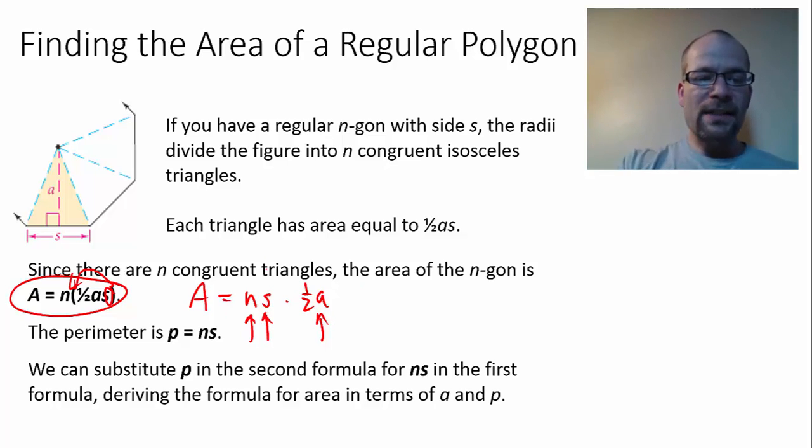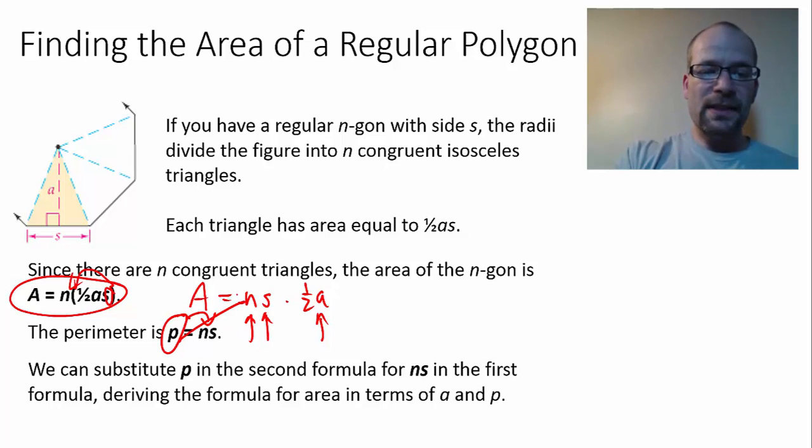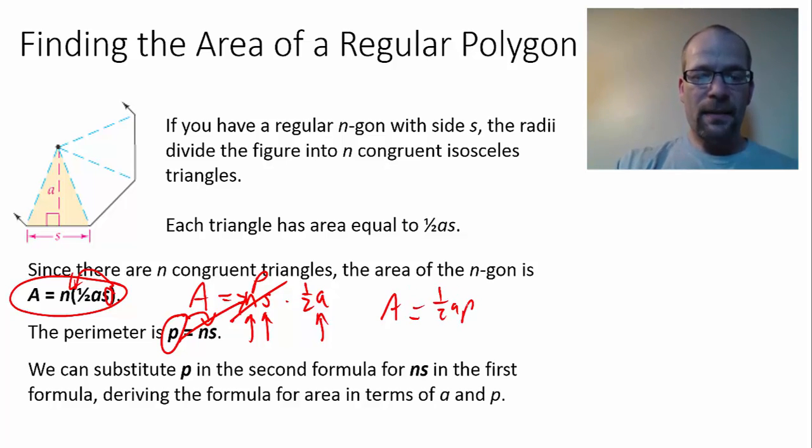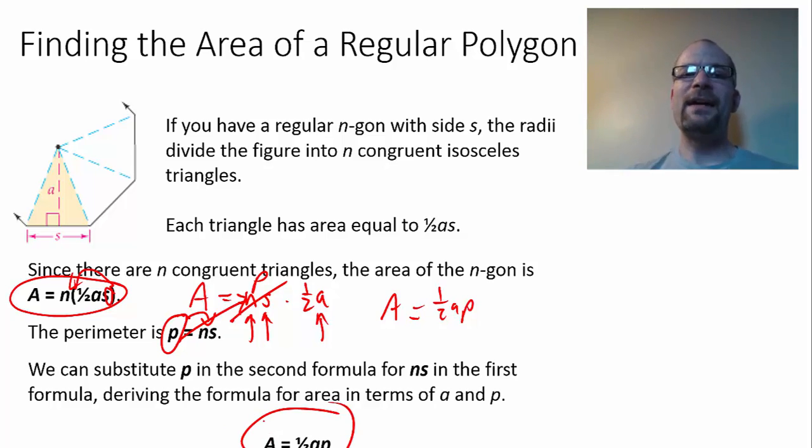And so when I rearrange this, I can take this p, and since p is equal to ns, I'll substitute it into this, so that becomes a p. And so I find that A is equal to 1/2 a p, where A is the area of a regular polygon, and it's equal to 1/2 times the apothem times the perimeter.